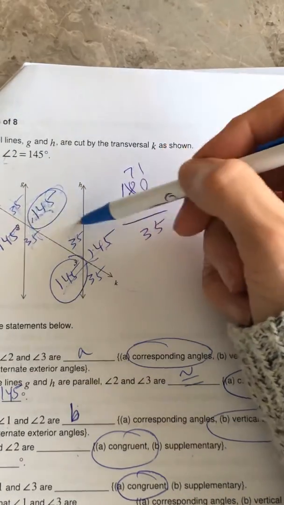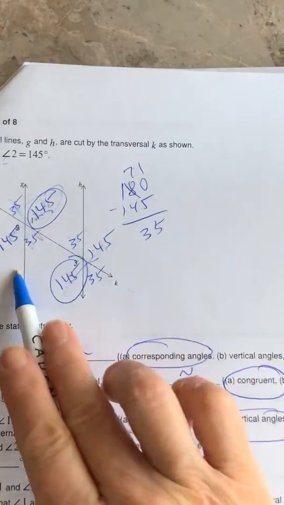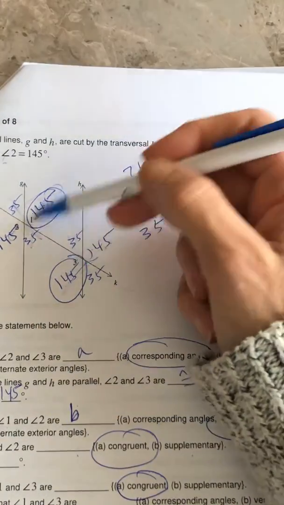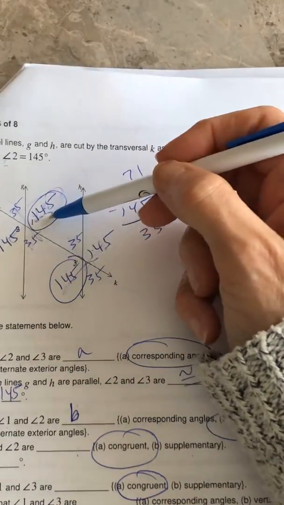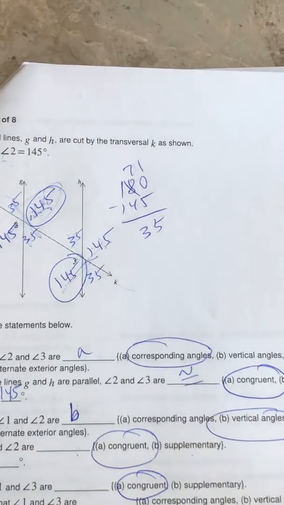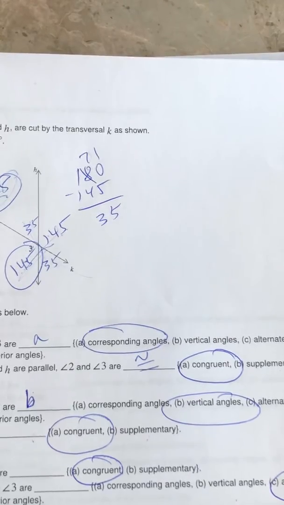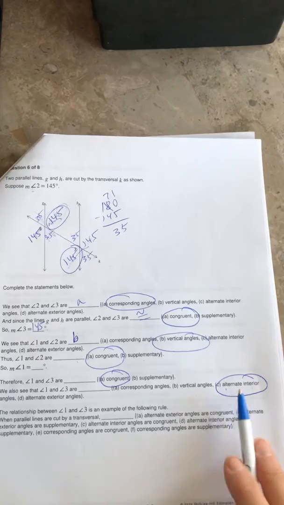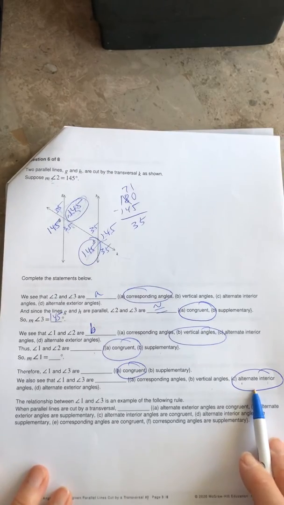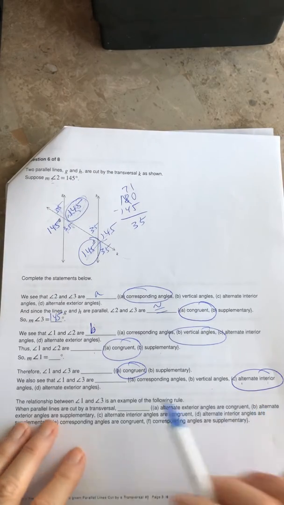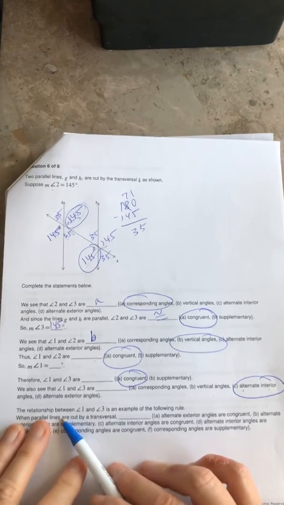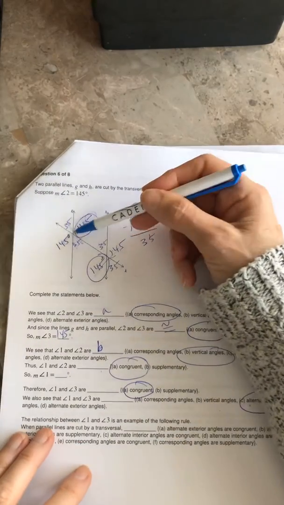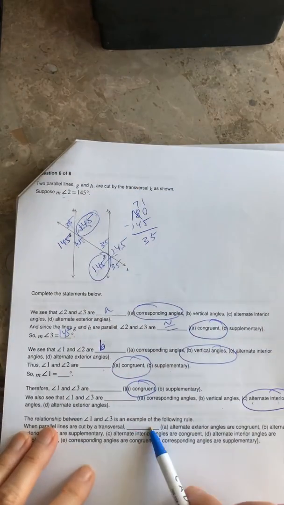Look between the lines and look outside the lines. If you're saying inside the lines is interior, you're correct. They are alternate interior angles. Last thing, the relationship between angle 1 and angle 3 is an example of the following rule.